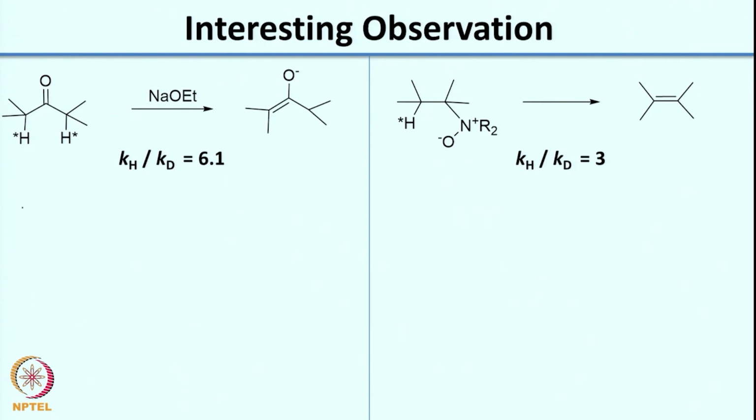So as you have studied, the alpha hydrogen next to a ketone is acidic. So here you have 2 alpha hydrogens. So let us deprotonate one with a base. So what you get would be, so this product is called an enolate.